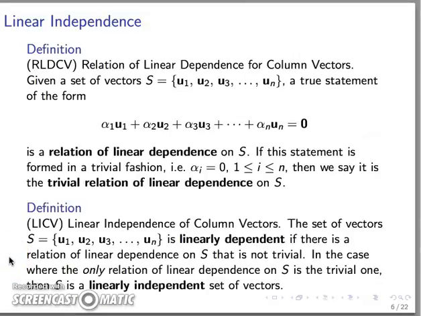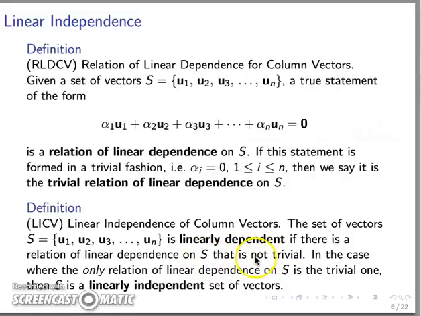So then we say, if we are considering a set of vectors, we dub that set as linearly dependent if there is a relation of linear dependence that is not trivial. In other words, if it's possible to find a set of values for the scalars such that not all of them are equal to 0 at the same time, maybe some of them are 0, but not all of them are 0.